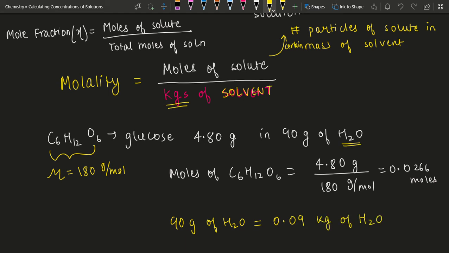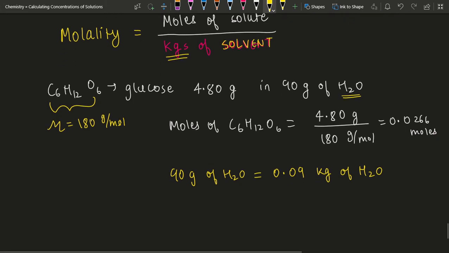So what I just did is, since one kilogram contains 1,000 grams, 90 grams would be equal to 90 over 1,000 kilograms, and you get that.